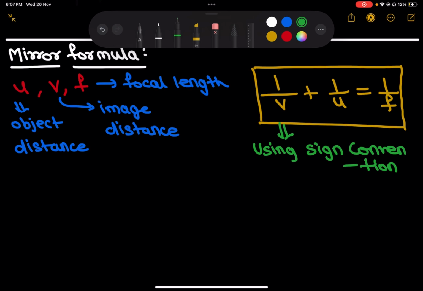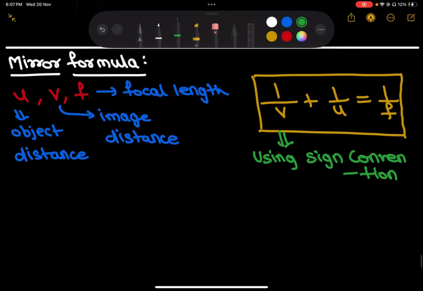For example, I'll give you an example. For a concave mirror, we know that the focal length is negative. So if the focal length is given as 10 centimeter for a concave mirror, then here you will put 1 by minus 10, which is minus 1 by 10. For a convex mirror it is positive, so if it is 5 centimeter for a convex mirror, it will be written as 1 by 5, nothing else.